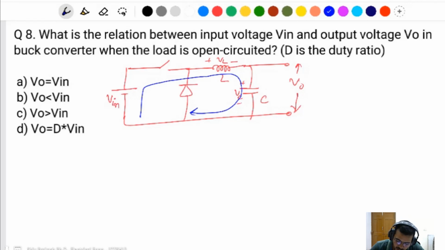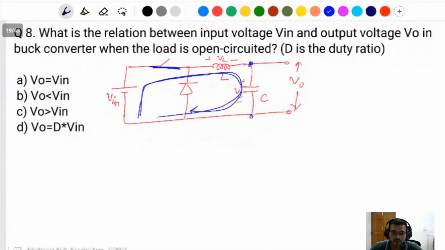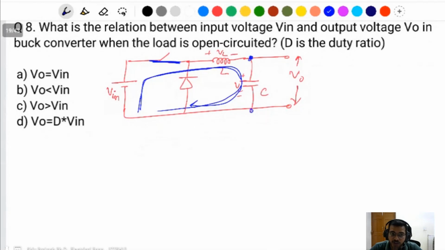If the switch is on, current flows like that. At that point, the capacitor will charge to some point. If the capacitor is charged to V in, because the switch is on, the capacitor will charge but will not discharge anywhere. It will only be charged. If the charge voltage is the same as V in, at that point conduction will be off. Any conduction does not happen, and current will be zero.